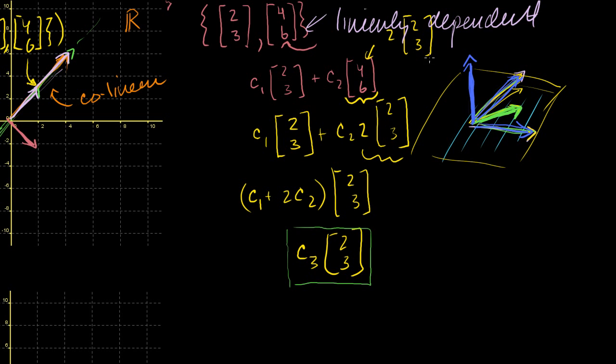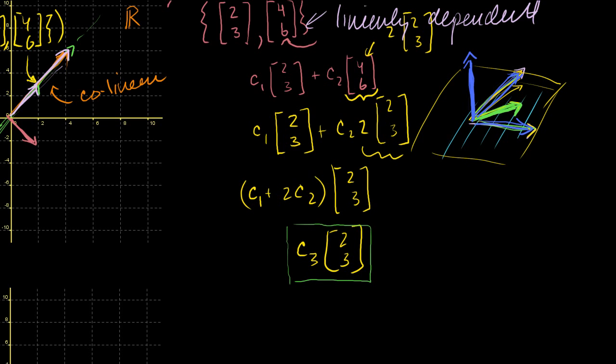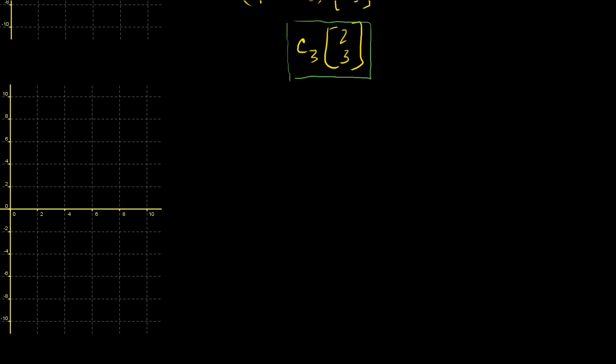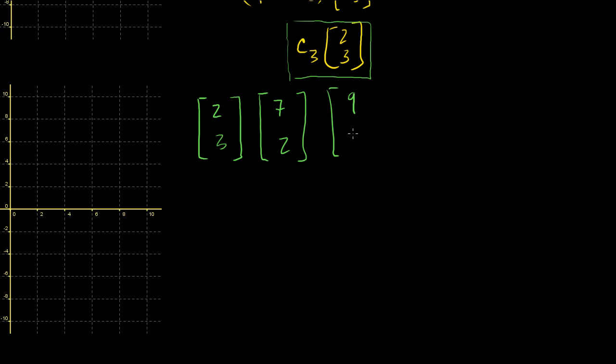Let me draw a couple more examples for you. That one might have been a little too abstract. So, for example, if I had the vector 2, 3, and the vector 7, 2, and the vector 9, 5, and I were to ask you, are these linearly dependent or independent?